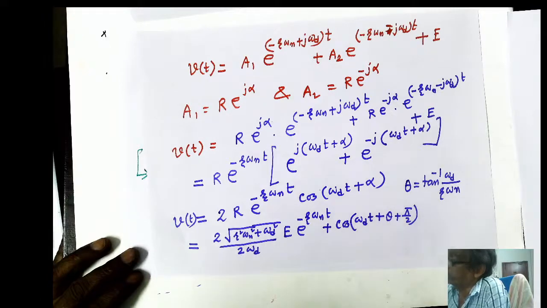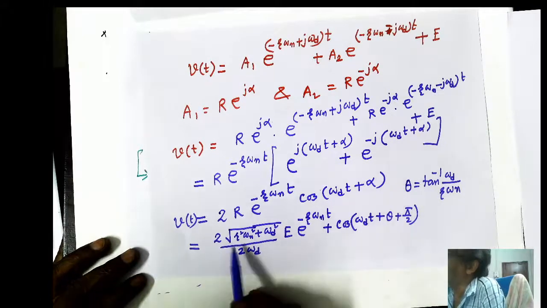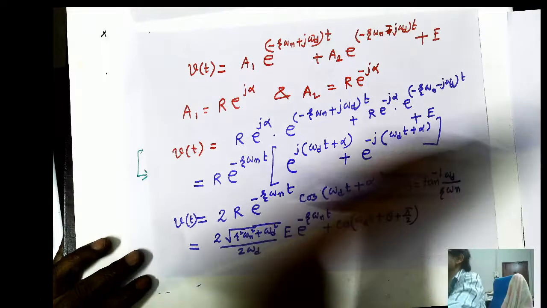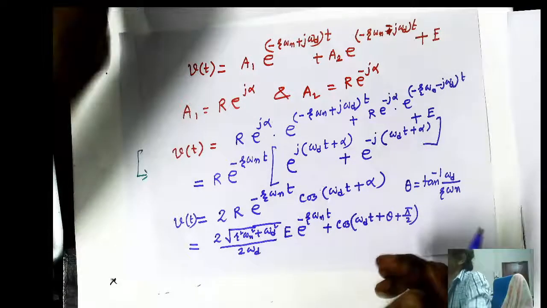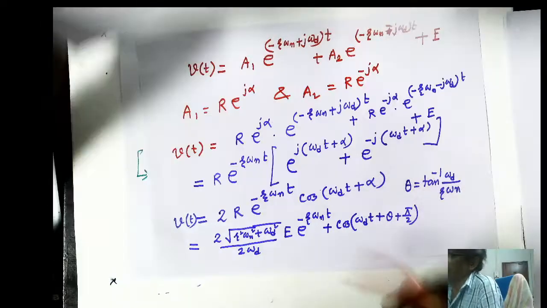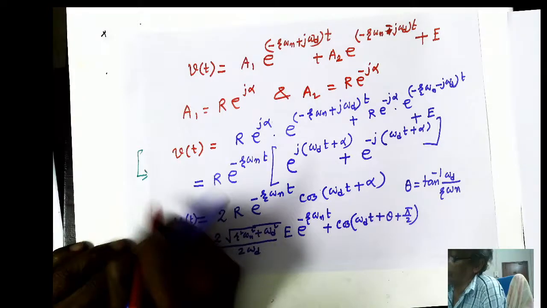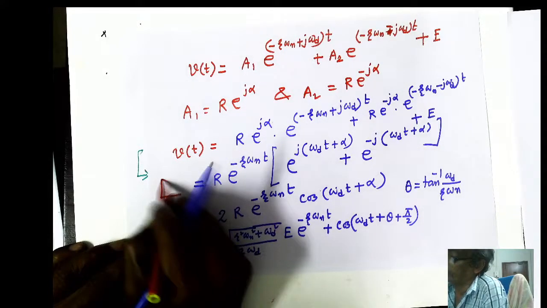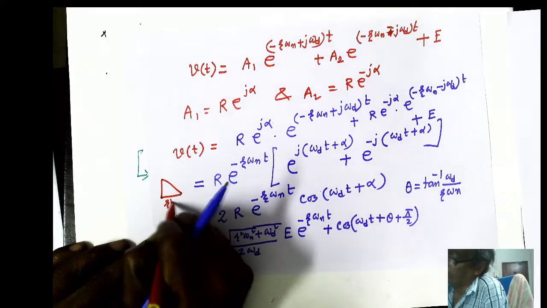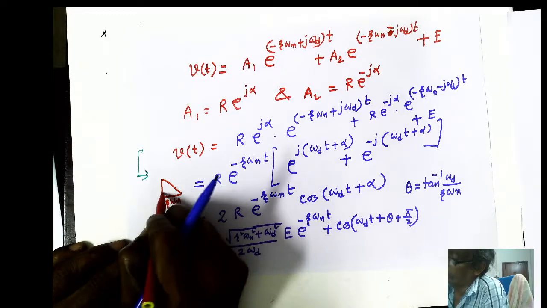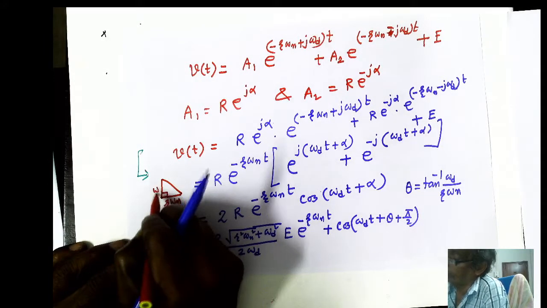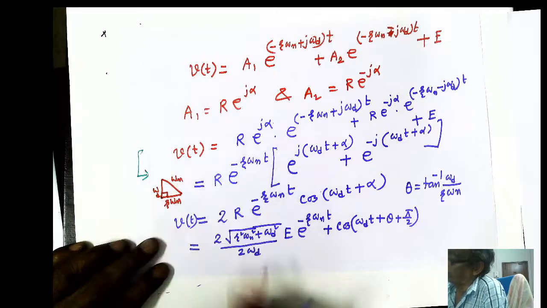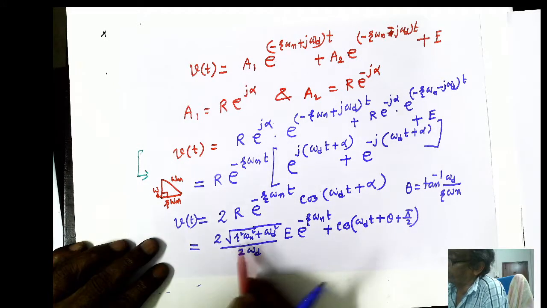Now here once again, zeta square, and I am drawing many a times to convey to you, it is so important to remember these relationships. That is zeta omega n, this is 90 degree, this is omega d, this is omega n. So this one will turn out to be omega n.